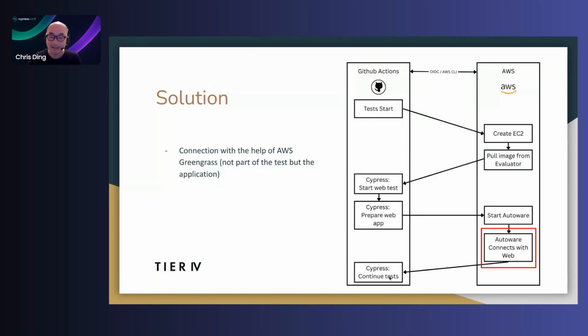And at last, Cypress continues with the tests. So this is like registering the schedule and making the vehicle run, part of the test. So pretty much this setup is run in the before hook or beforeEach hook of every test. And what comes afterwards depends on the test that is being run.